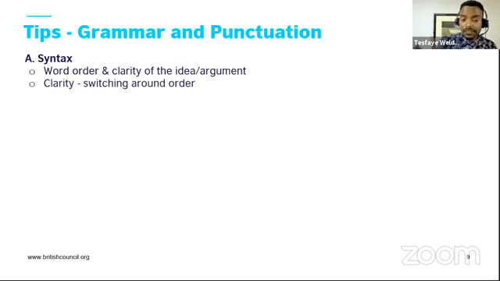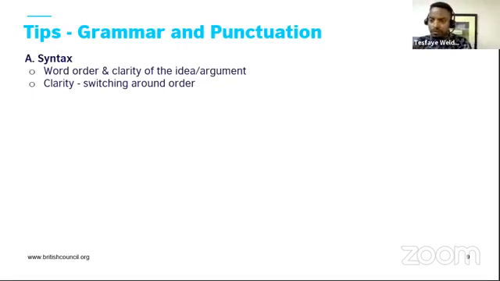So clarity, there are several ways of expressing the same thing. When we talk about grammar, in particular syntax, we might use one structure, let's say third conditional, when we say, if I had known, I would have let you know, or I did not know, therefore I didn't tell you.